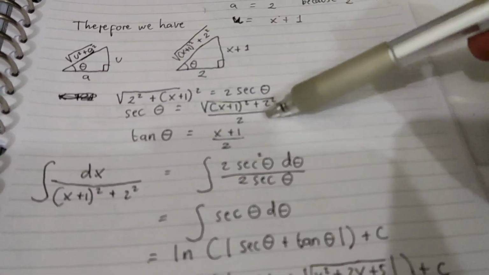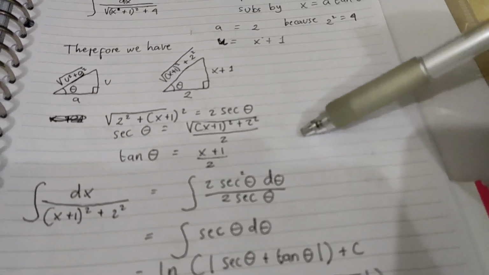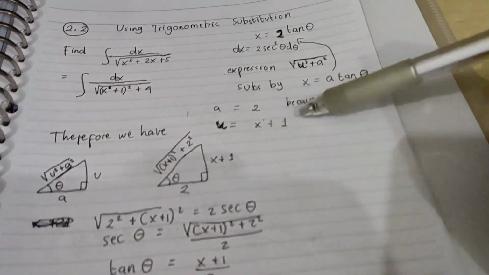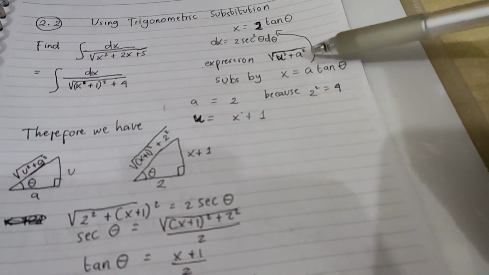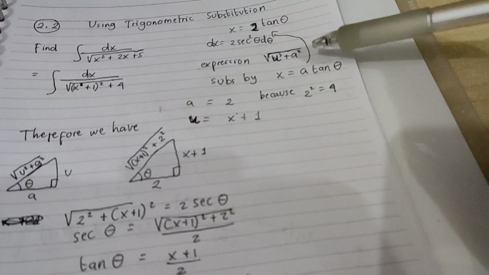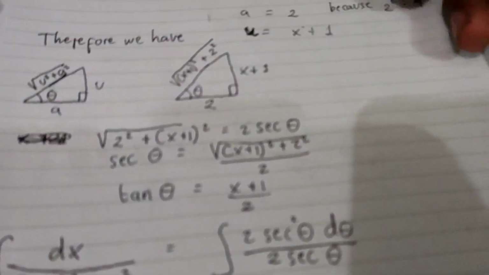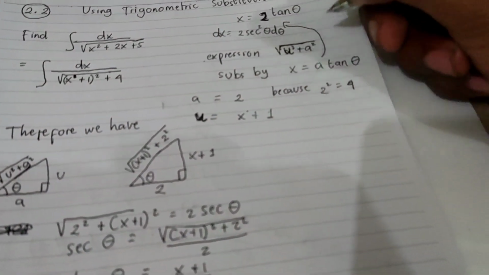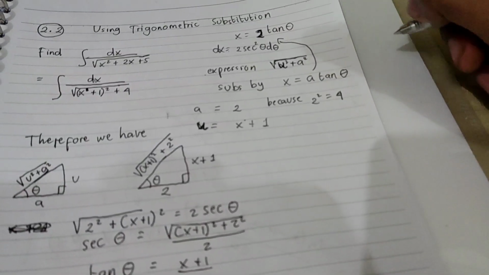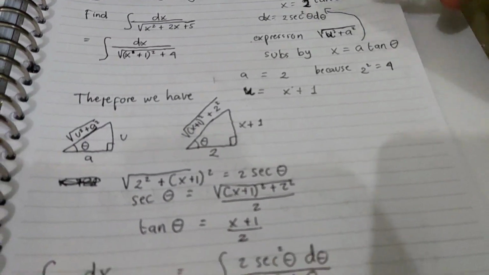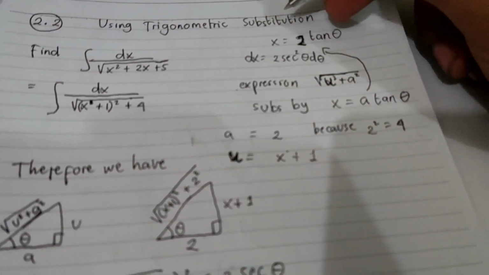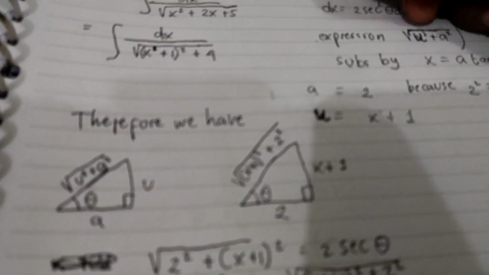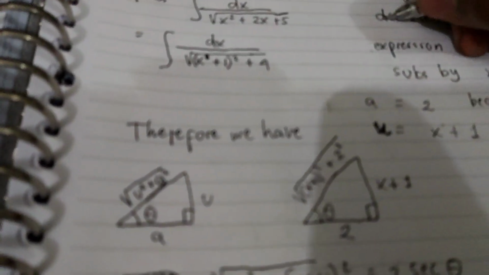So x plus 1 is equal to 2 tangent theta. So u is equal to x plus 1, and u equals a tangent theta, so 2 tangent theta, and du is also the same.